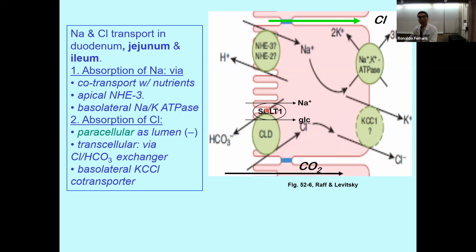This is a required partnership. So without glucose, sodium cannot be absorbed via this pathway. It can still be absorbed via that other pathway. If you have no sodium, then glucose cannot be absorbed. So this is an important way of absorbing sodium via co-transport with nutrients.